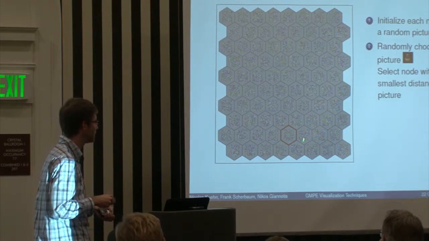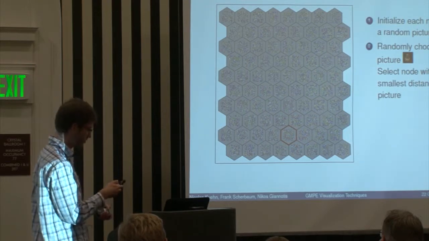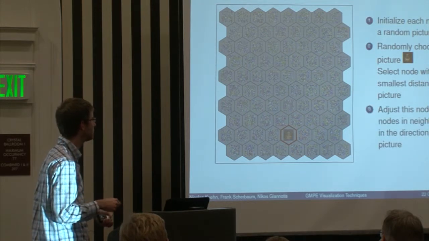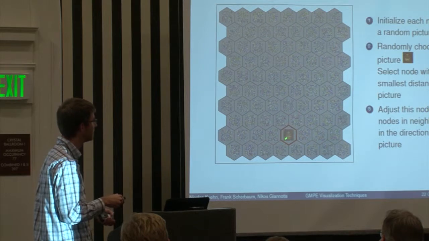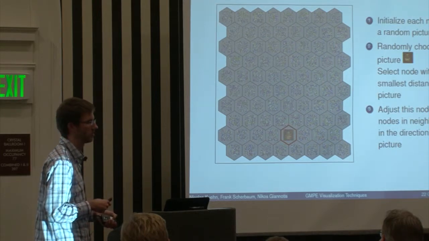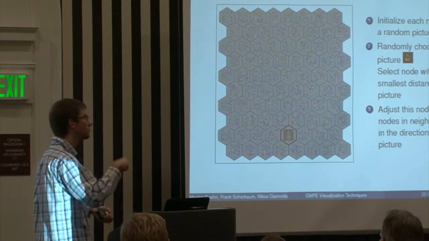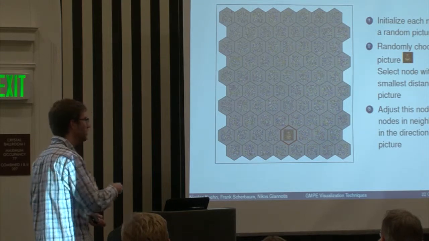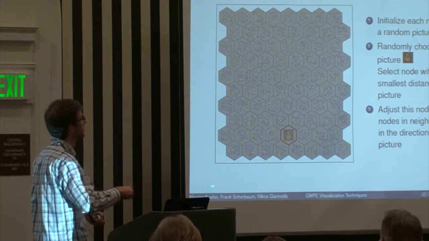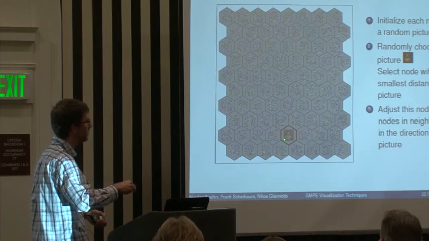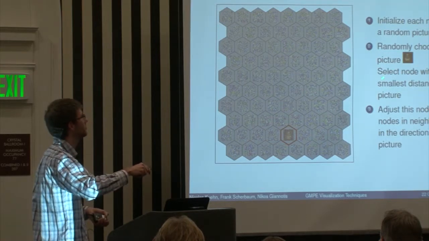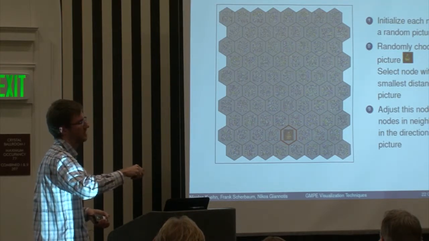So let's just assume it's this one. And what you then do is you adjust this node in the direction of that picture. You don't replace it with that picture, but each of these pixels in this random picture gets drawn to one of the pixels there.